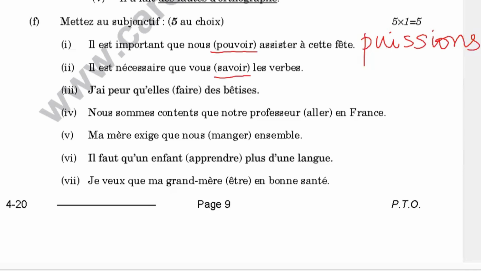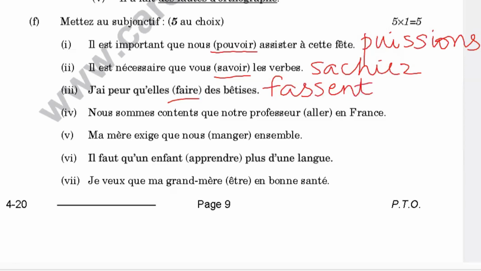The verb savoir. Does it come in the irregular verb list? Yes. So SACHIEZ. Verb faire. Does it come in the irregular? Yes. FASSENT.